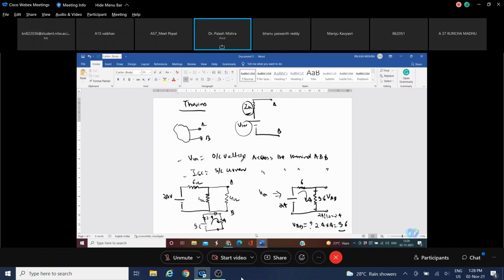It is 9.6 by 6.4. Is it the same as the last one? I suppose it is the same. So this is how you have to apply Thevenin's theorem and Norton's theorem.